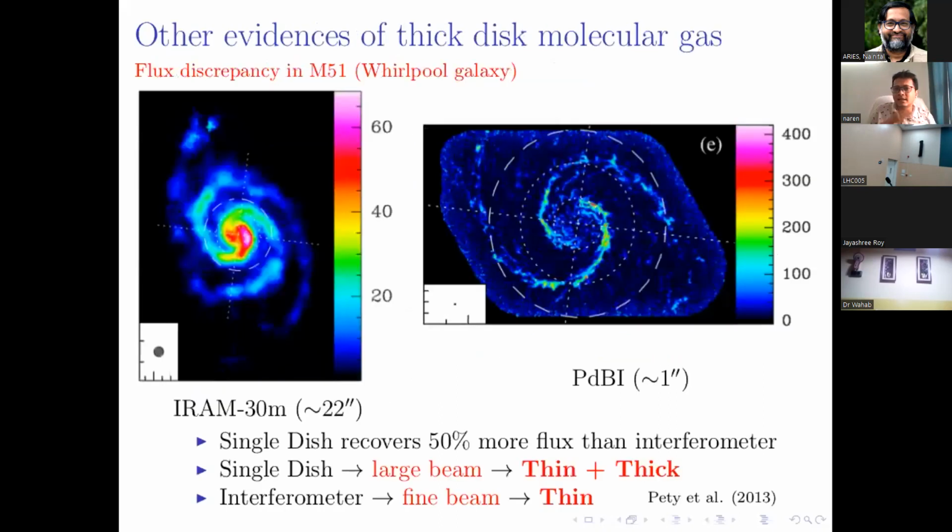Another observation, comparing single dish and interferometric observations, found that in the interferometric observation a substantial amount of gas is missing.